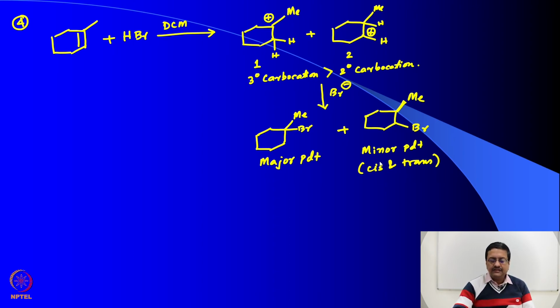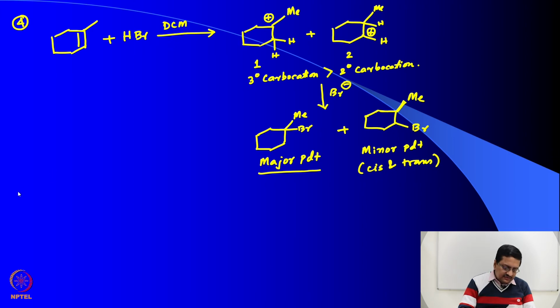So you will have a very small amount of cis and trans isomers of the 1,2-substituted cyclohexane derivative, with the 1,1-substituted cyclohexane derivative as the major product.